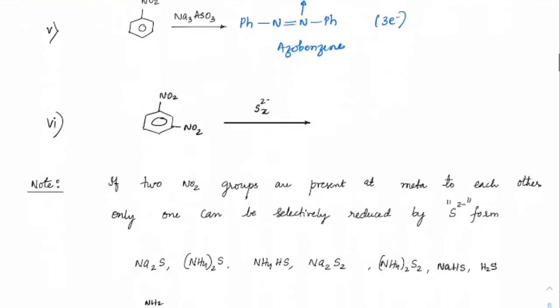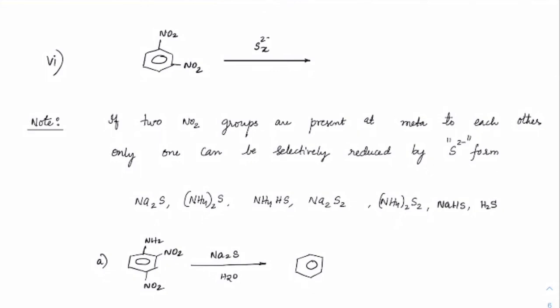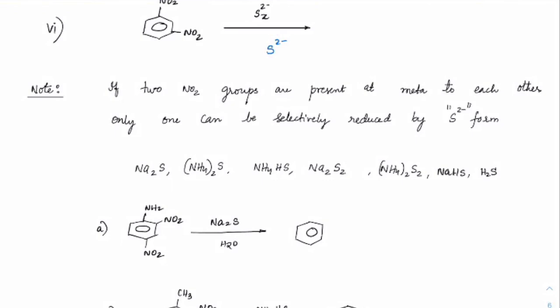Now, the next one is a very special case where you have a very selective reduction. Any time we have sulfide, S2-, that S2- can be connected with sodium or ammonium. It could be Na2S, ammonium sulfide, ammonium bisulfide, Na2S2 also, where you have an S-S connection, or (NH4)2S2 also, NaHS, sodium bisulfide, H2S also.